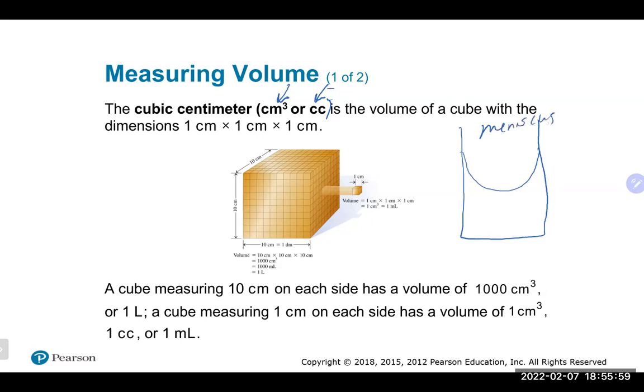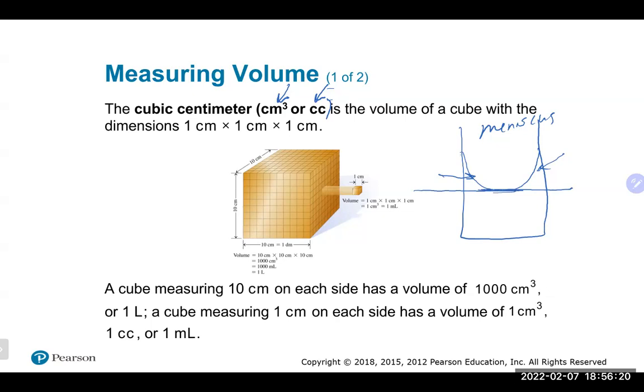And we read it from where? Yeah, we read it from the bottom of the meniscus, right? Even though the liquid is sort of crawling up the sides of the glass, the real true volume, if it didn't have that attractive force, is right there at the bottom. That is why we read from the bottom of the meniscus.